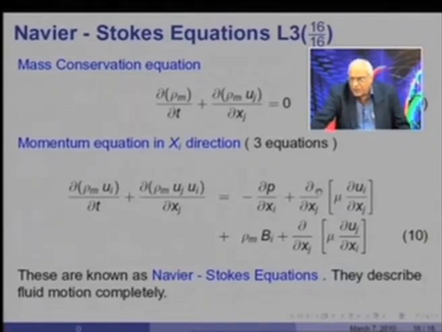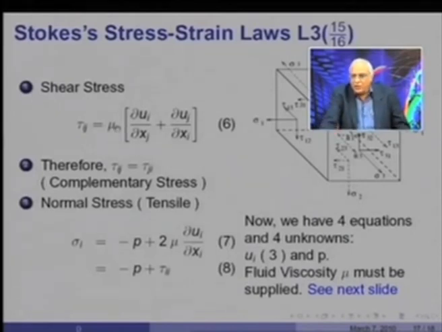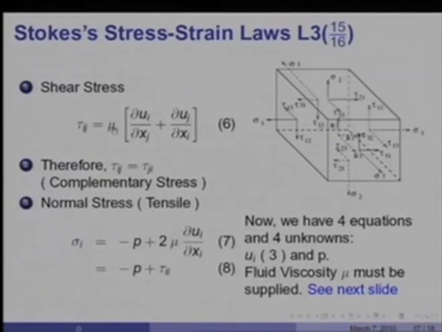Incidentally, I may mention that when mu happens to be an absolute constant, which is only a property of the fluid, then we say the fluid is Newtonian, because stress and rate of strain are then linearly related.